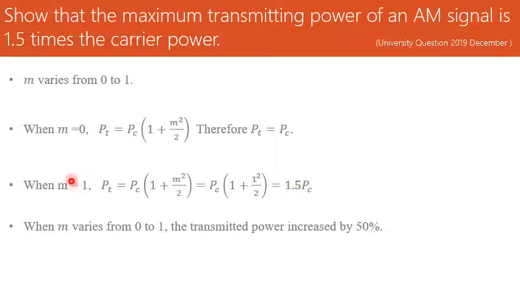That is, when M is equal to 1, your total transmitted power is 1.5 times the carrier power. So when M varies from 0 to 1, your total transmitted power increases by 50%.